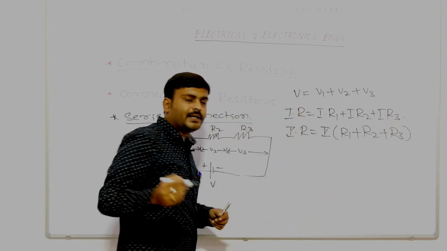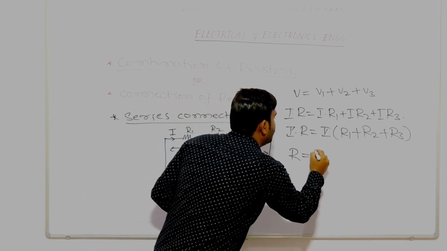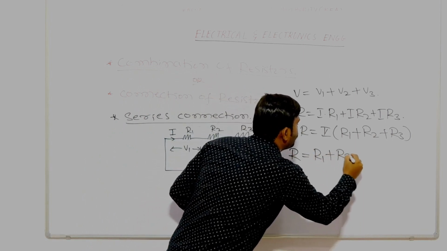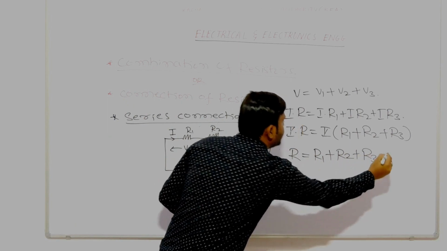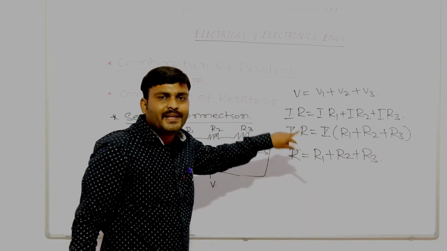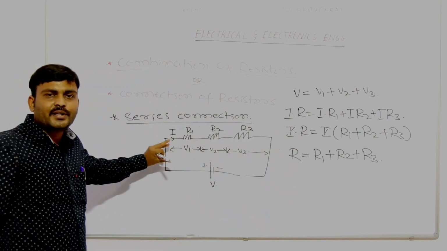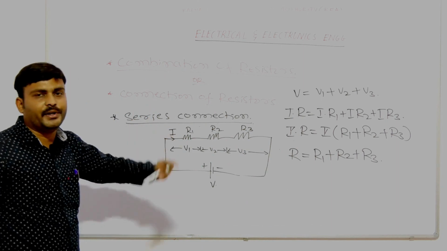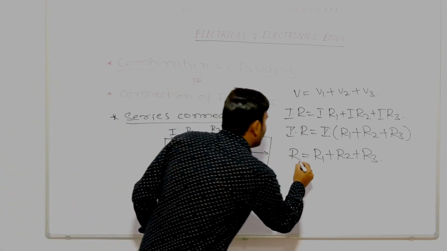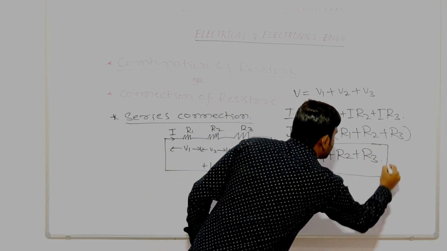Now I and I will get cancelled. Now we got R is equal to R1 plus R2 plus R3. This resistance is called the total resistance or the equivalent resistance of the combination of resistors which are connected in series. So R equivalent is equal to R1 plus R2 plus R3.